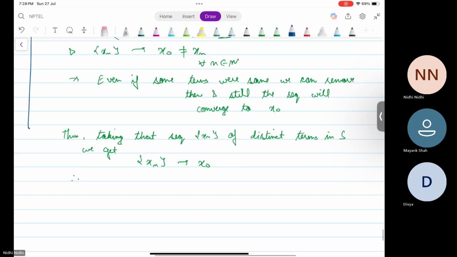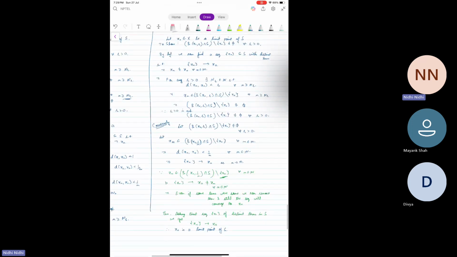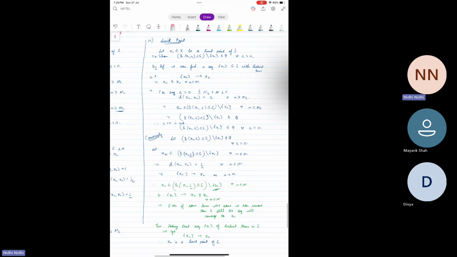Therefore, x naught is a limit point of S. Hence, x naught is a limit point if and only if the set B(x naught, R) intersection S minus the singleton set x naught is non-empty for every R positive.